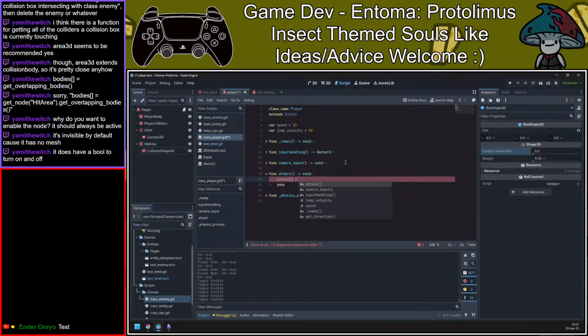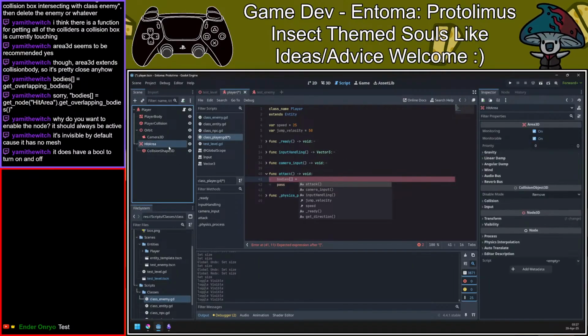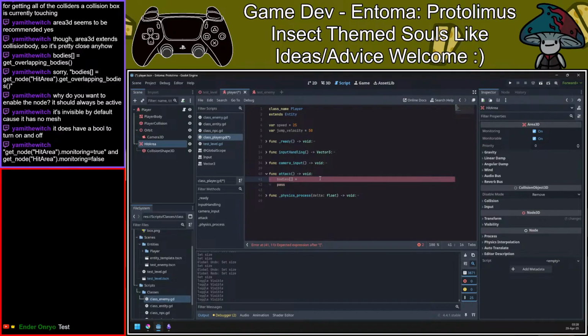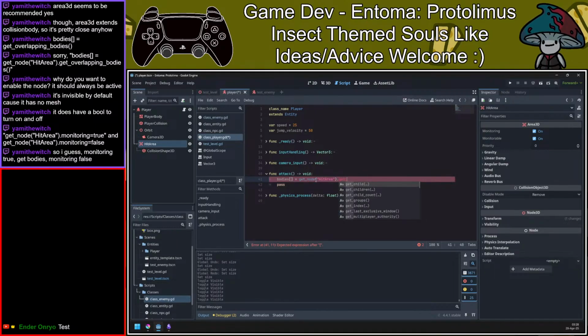It has a bool to turn it on and off. I thought that's what visibility was. Is visibility not the same as enabled? Oh, monitoring. Oh, it has an exclusive thing. Oh, okay. Get node hit area dot get overlapping is not a thing.